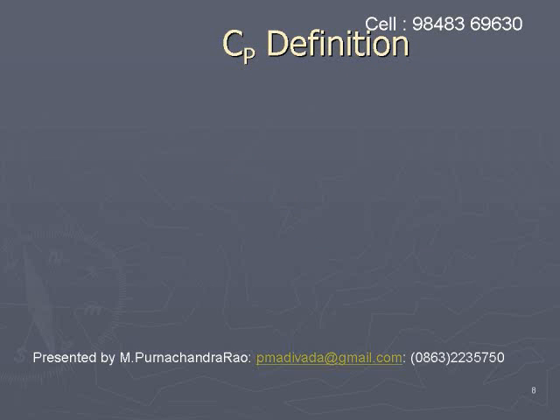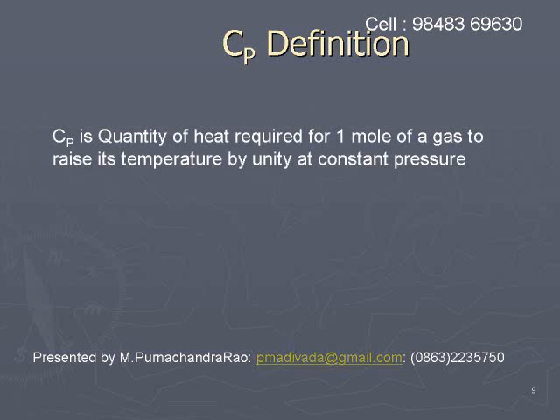Definition of Cp. Cp is the quantity of heat required for 1 mole of a gas to raise its temperature by unity at constant pressure.